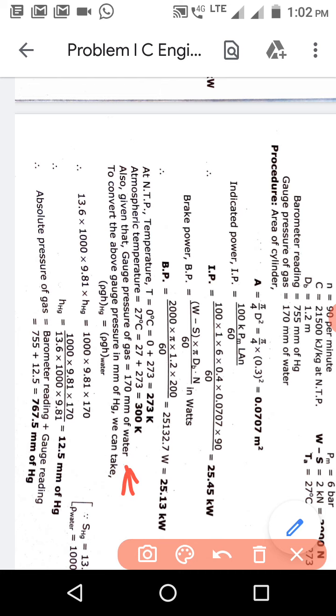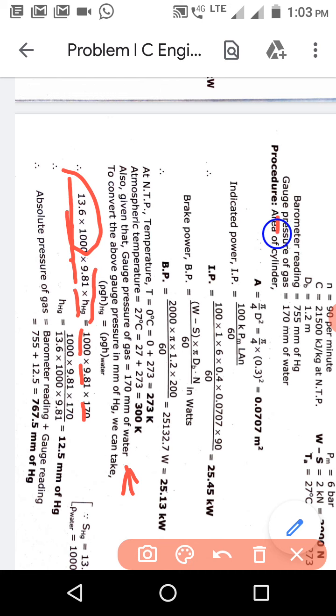So we are equalizing the water column with the mercury column. So rho g h for mercury is equal to rho g h for water. Rho of mercury is 13,600, the density of mercury, g is the gravity, and h is the column of mercury. We are equalizing with the water column: density of water into g 9.81, and 170 is given in the problem.